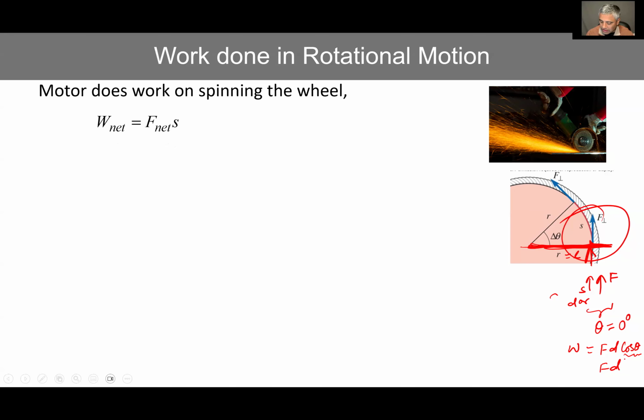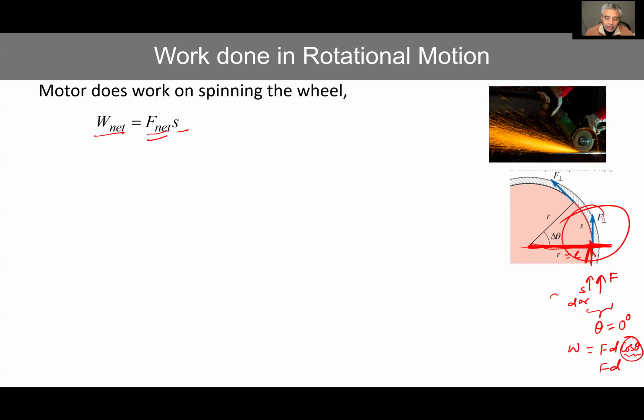You don't see cosine theta there because theta is 0 degrees. So this is force times displacement. Whatever forces are acting on that, we want to make sure that we are including that. Now, this is the work done by all the forces acting on an object.